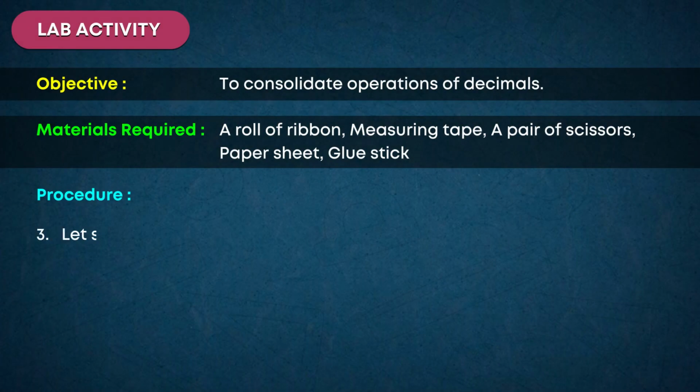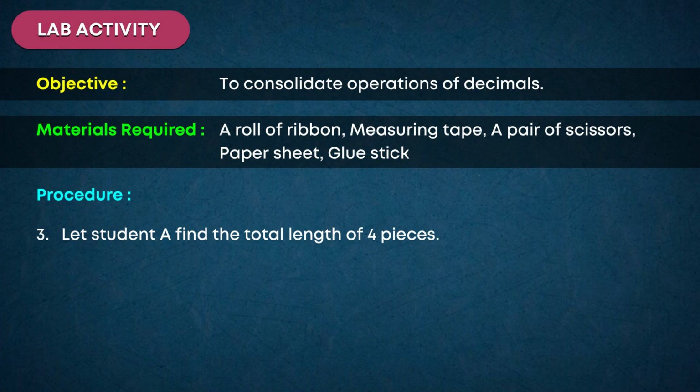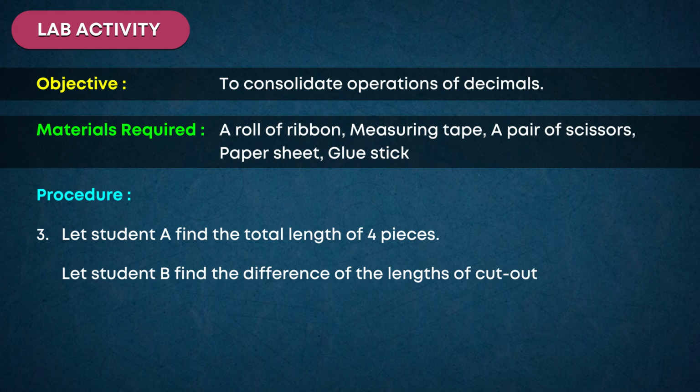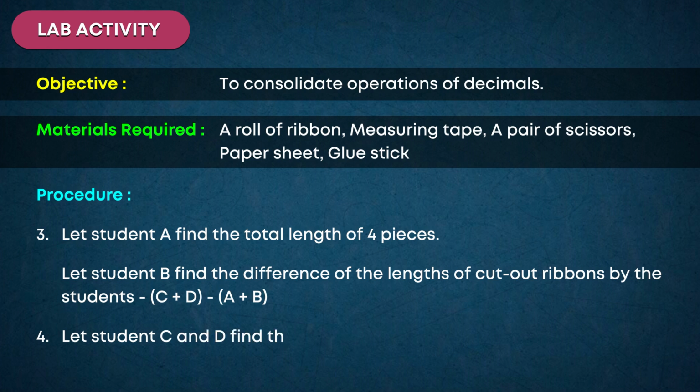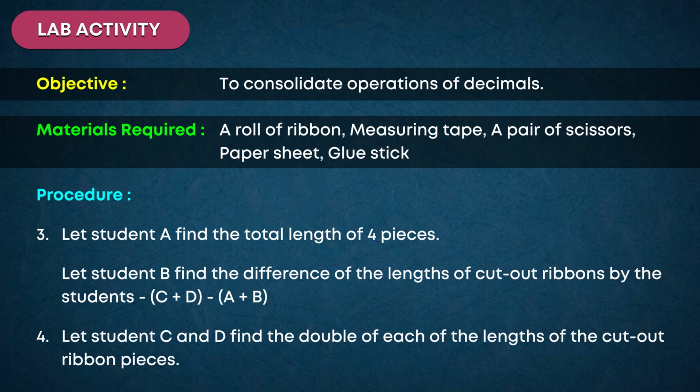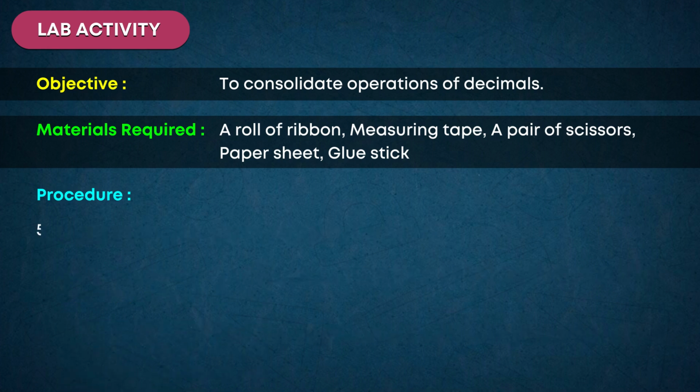3. Let student A find the total length of 4 pieces. Let student B find the difference of the lengths of cutout ribbons by the students, C plus D minus A plus B. 4. Let students C and D find the double of each of the lengths of the cutout ribbon pieces. 5.